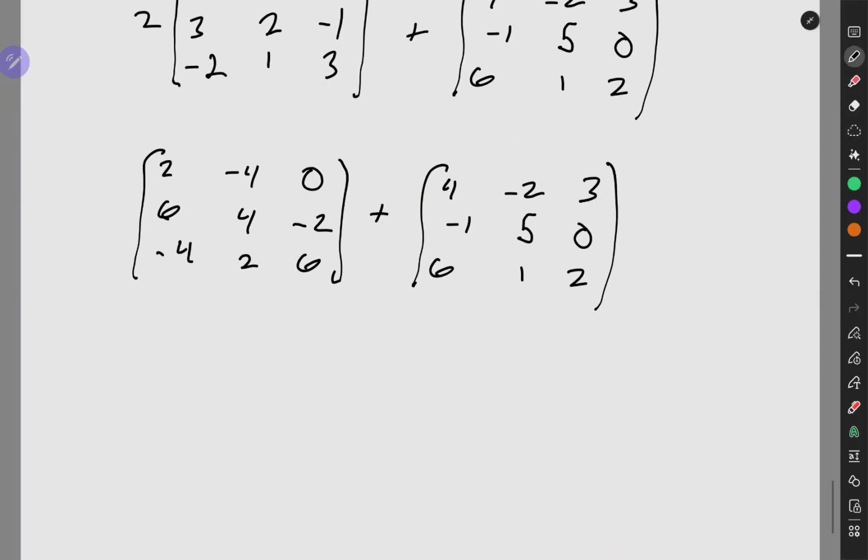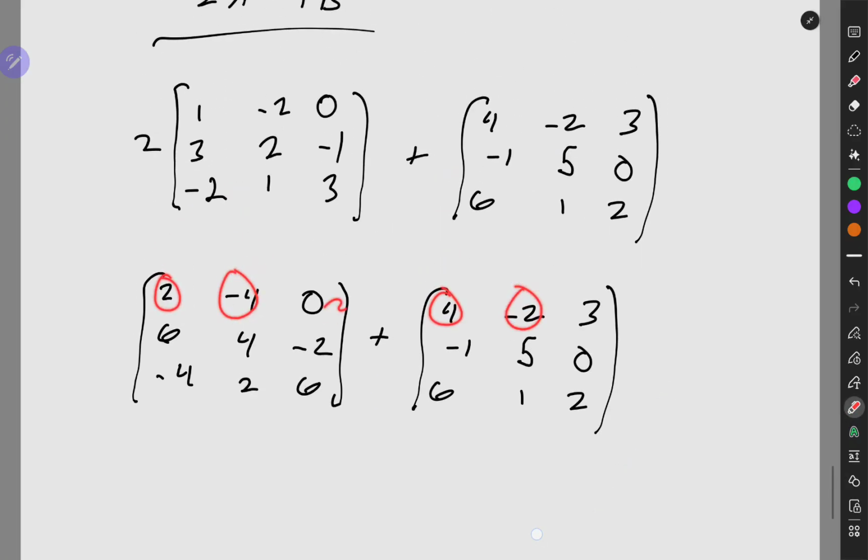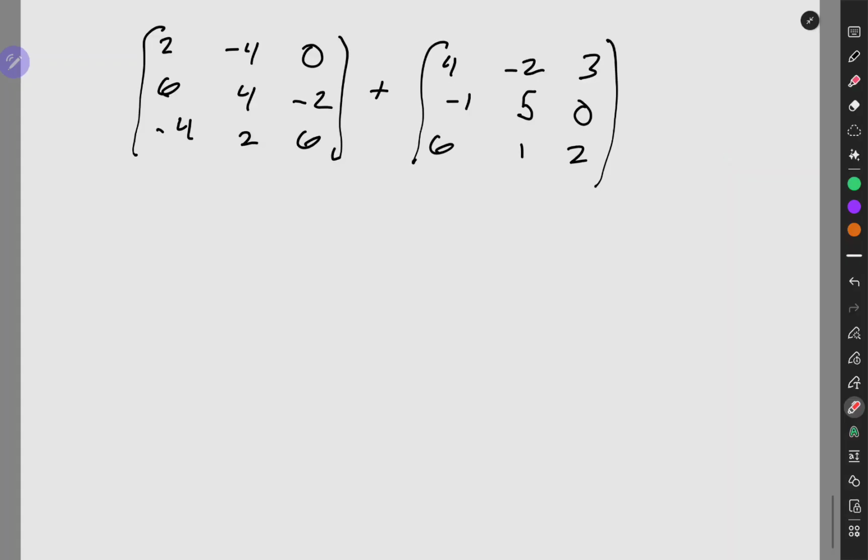To add matrices, it's very simple. All you have to do is add this one to this one, this one to this one, this one to this one, and you just sum up the same rows. And remember, these matrices have to be the same size. So we just sum up the indexes, I guess, for the constants.